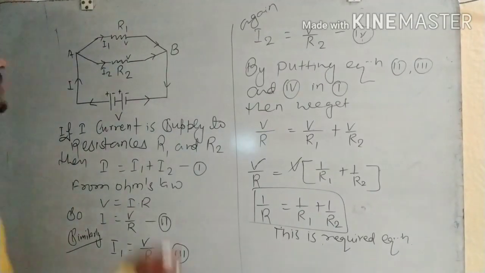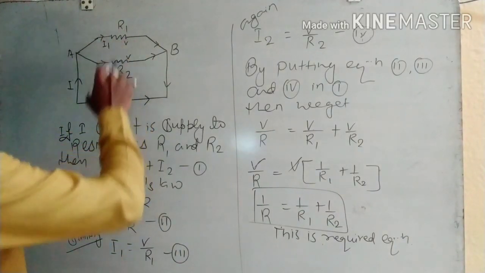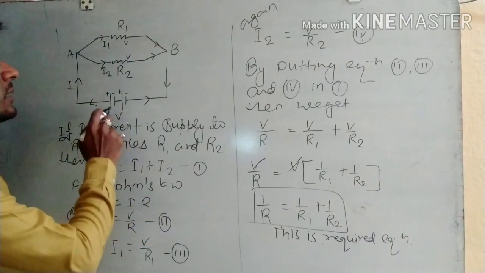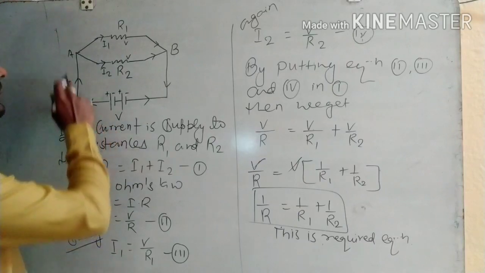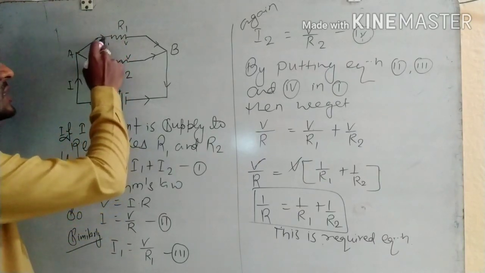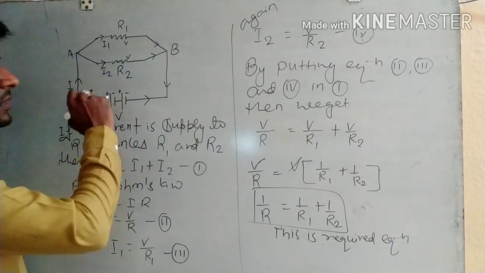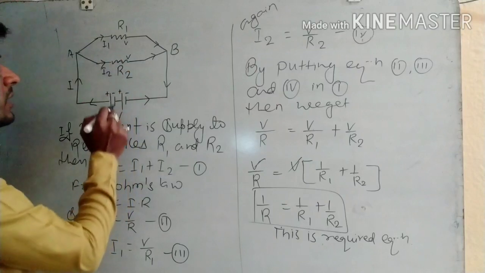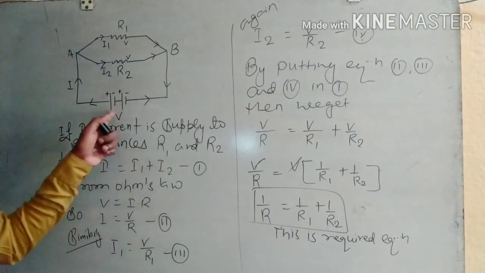We see here R1 and R2 are two resistances connected to a V volt battery. Current I flows through the battery, but when this current goes to R1 and R2, it changes into I1 and I2. But the potential difference is the same, V, like the supply line.